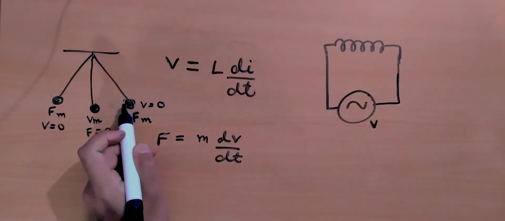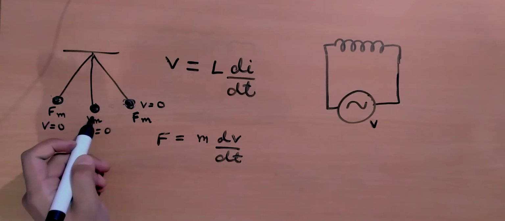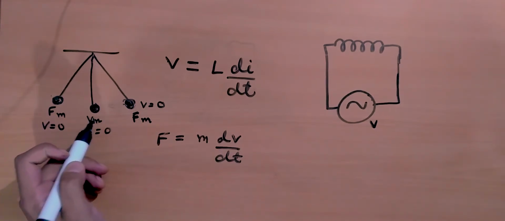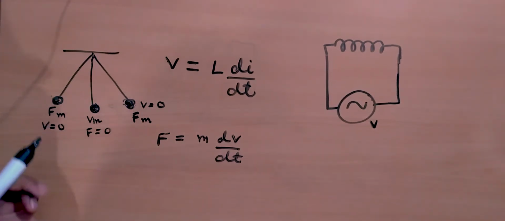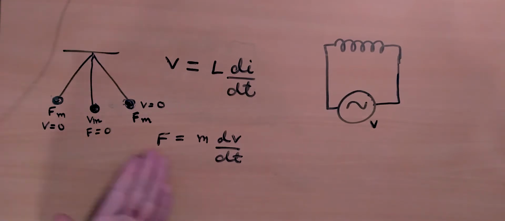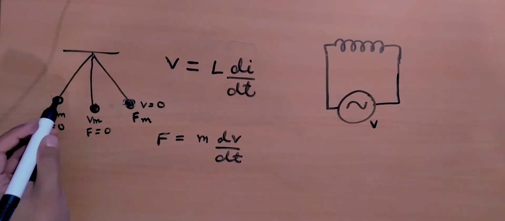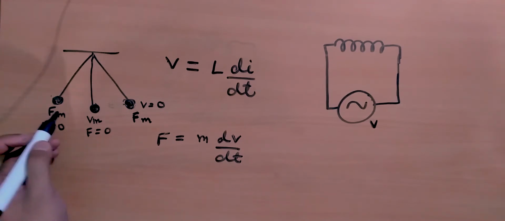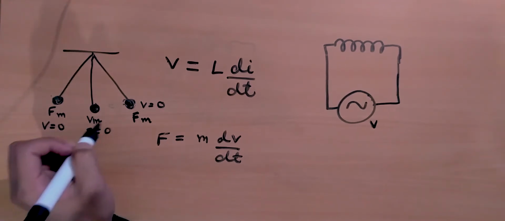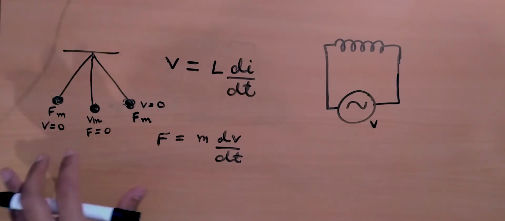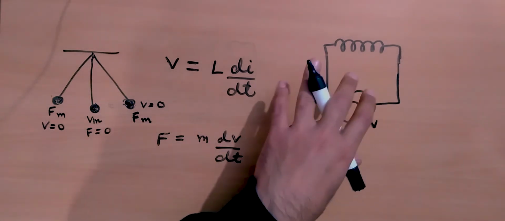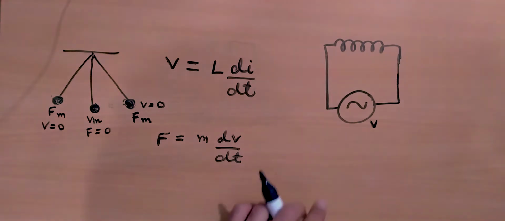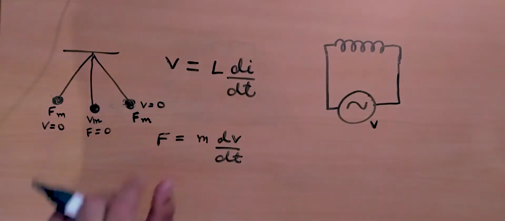So at this point, the rate of change of velocity is maximum. At this point, the rate of change of velocity is minimum, and at this point, the rate of change of velocity is again maximum because the force is maximum. But you can see that the velocity is 0 where the force is maximum, and the force is 0 where the velocity is maximum.